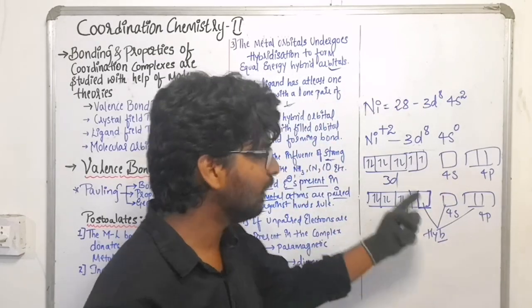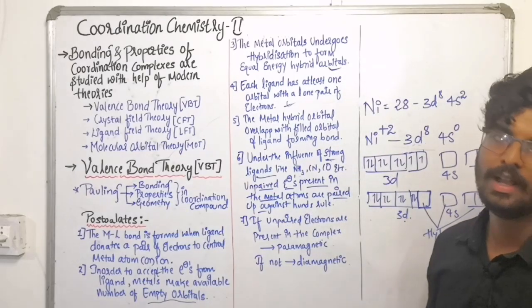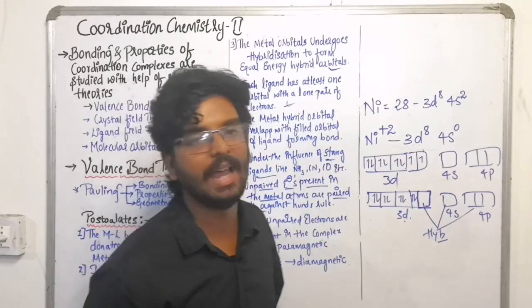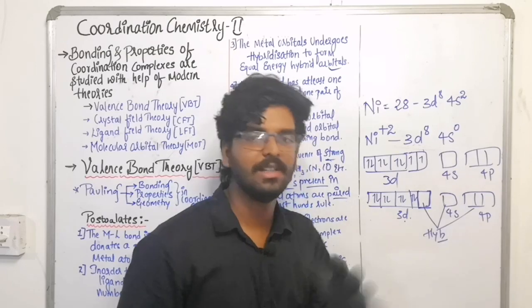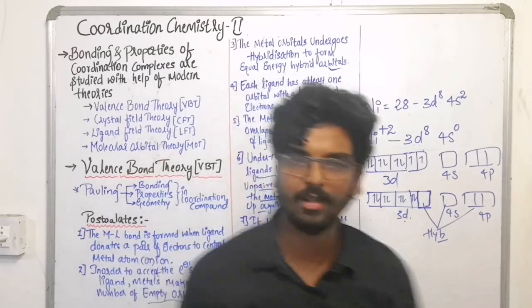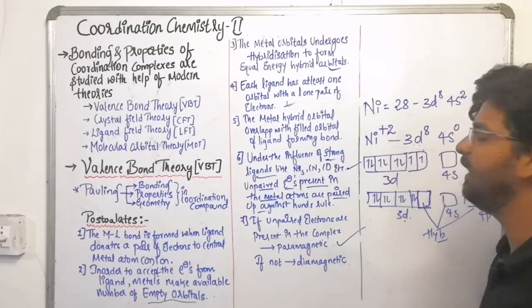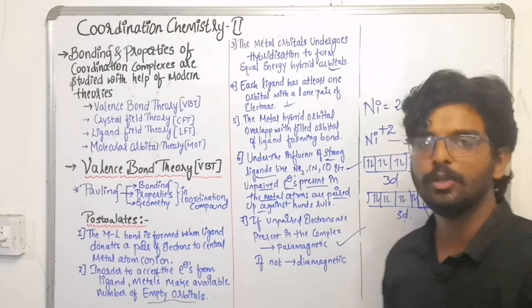Then it is called a paramagnetic complex. But Ni+2 in presence of a strong field ligand, pairing is happening here. Because of the pairing, there is no availability of unpaired electrons. Now this complex is diamagnetic. So both these two postulates must be learned with the help of examples that we will solve in part 2.